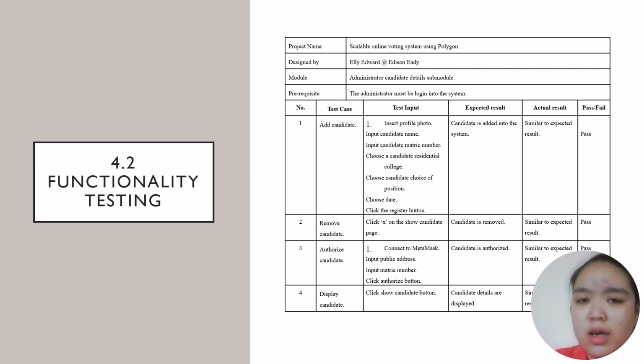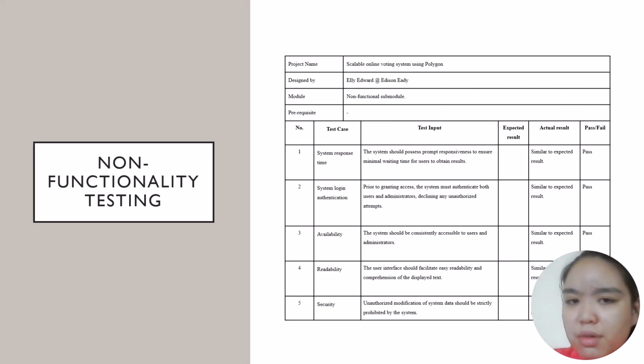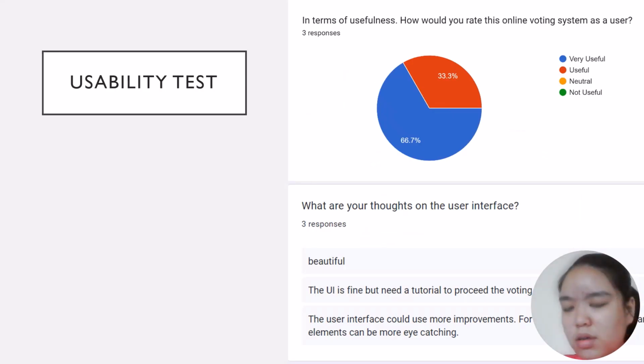It includes the test cases of add candidate, remove candidate, authorize candidate, as well as display candidate. As for the non-functional testing, it includes the system response time, login authentication, availability, readability, and the security of the system. The usability test is conducted by sending out a Google Form for users to give feedback on the residential college online voting system.